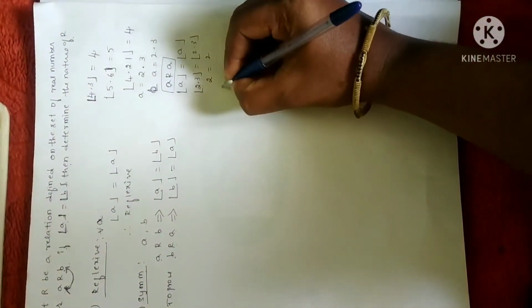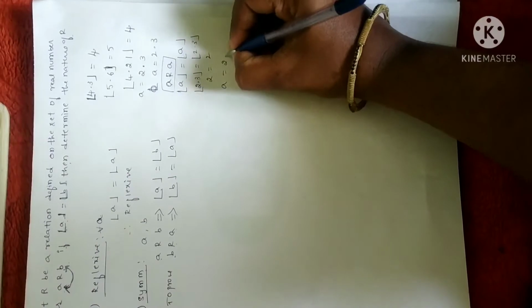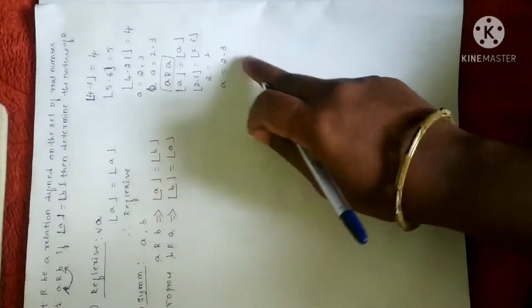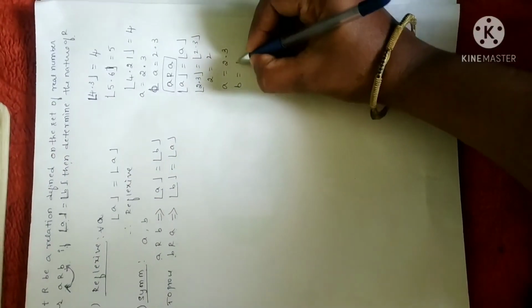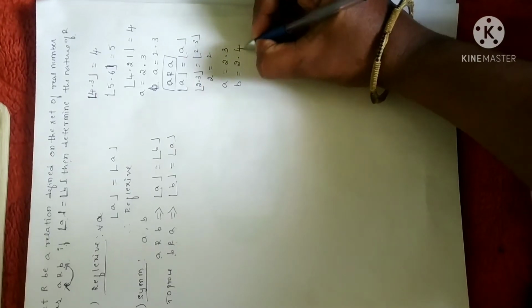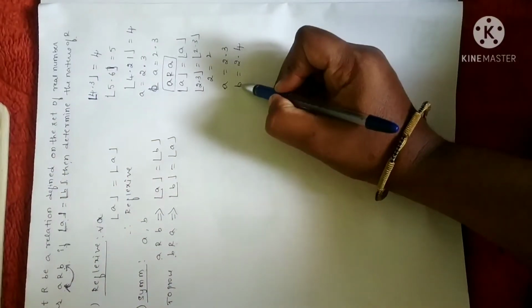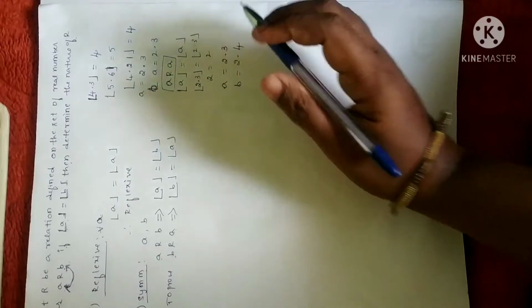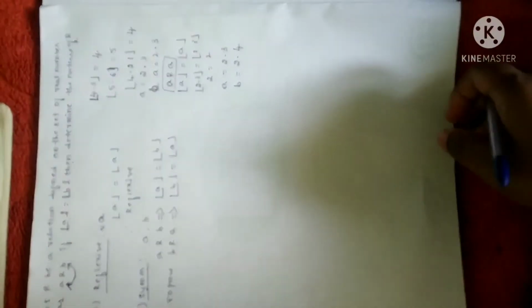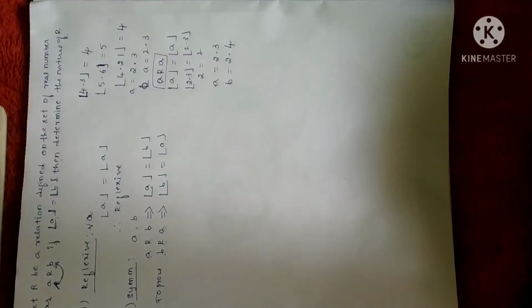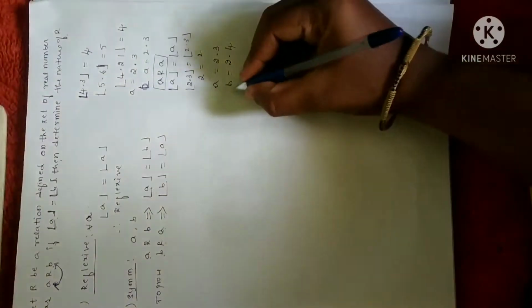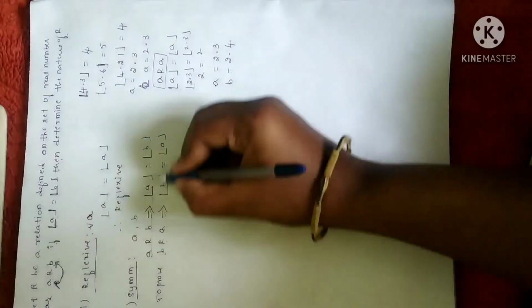I'll give you an example. Suppose A is equal to 2.3, the same value I'm going to take. Now let me take the value of B as, say, 2.4. Clearly A is different from B, right? I have chosen two different elements. First, let me check the first condition.